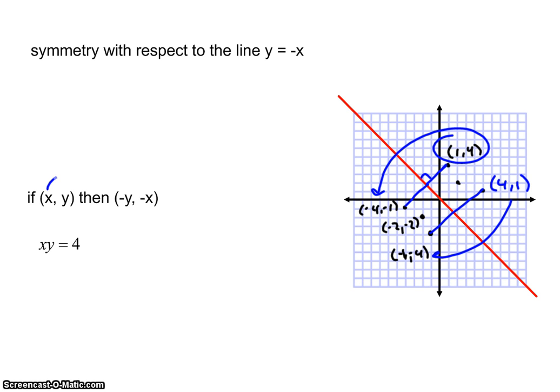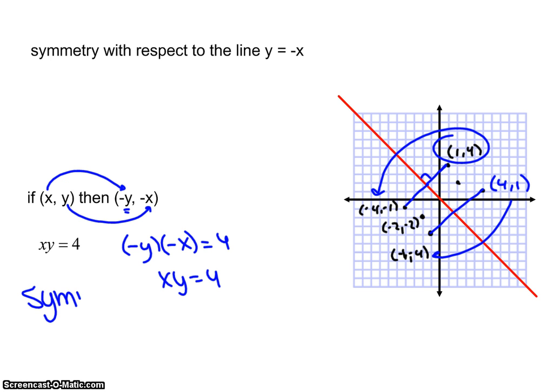So what happened was my x became the opposite of y, my y became the opposite of x. So same idea, substitute it in. My x value now is the opposite of y, my y value now is the opposite of x, and again, because I got back to my original, we have symmetry.